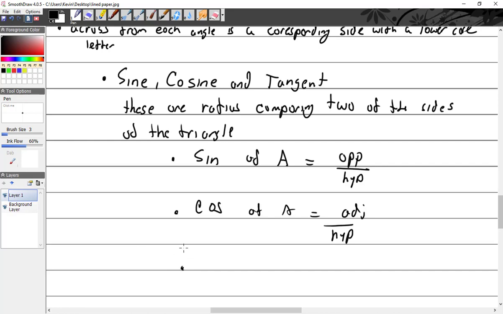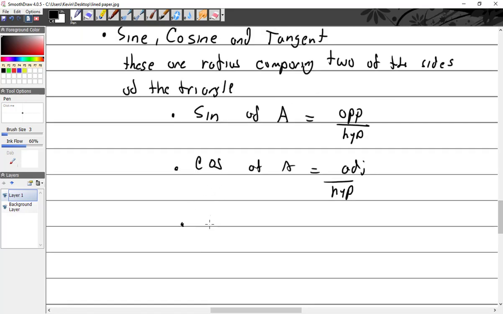And tangent equals opposite over adjacent. So if you know two bits of information, you can solve for the last bit.